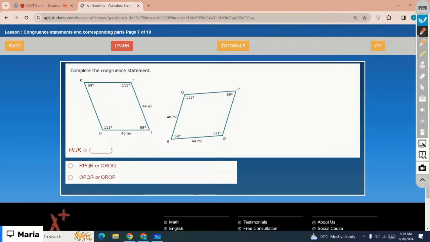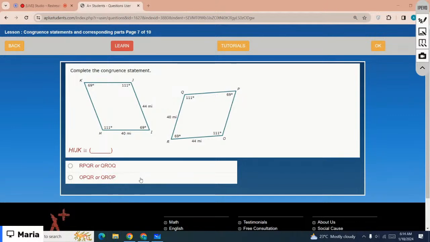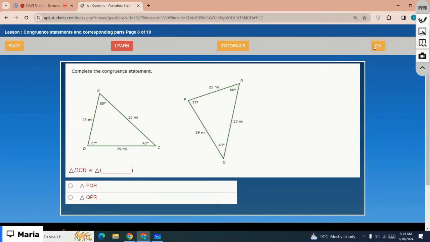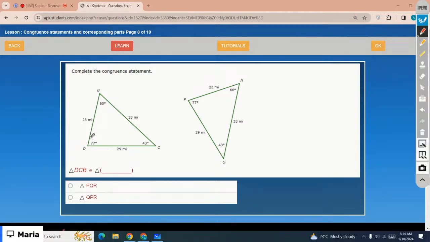Okay, you can complete the lesson by yourself later today. Let me just move on to the next lesson. Complete the congruence statement. Triangle DCB: D is congruent to P, C is congruent to Q, and angle B is congruent to R. That means triangle DCB is congruent to triangle PQR.